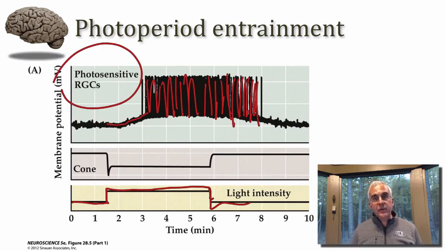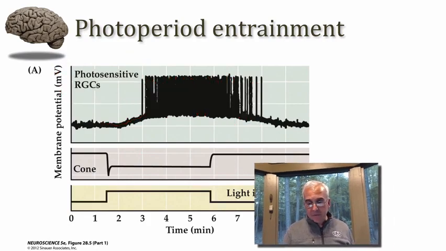So taken together, this is very good evidence suggesting that the suprachiasmatic nucleus harbors the cells that generate the circadian rhythm. And fairly recently, molecular biologists were able to tease apart the genes and the gene products that are responsible for creating these circadian rhythms.